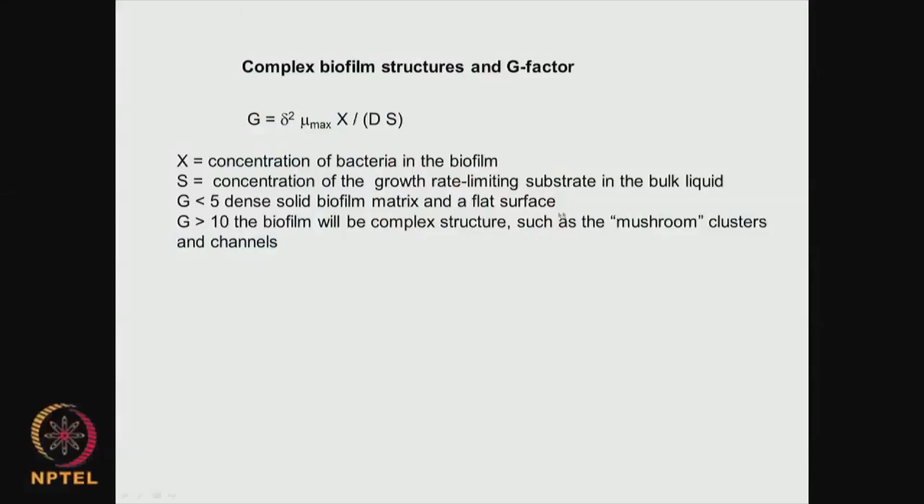Based on that, we can also tell what type of biofilm structure you are going to have, whether a very flat biofilm structure or a mushroom or channel like biofilm structure. So, that completes what I wanted to talk about on biofilm.